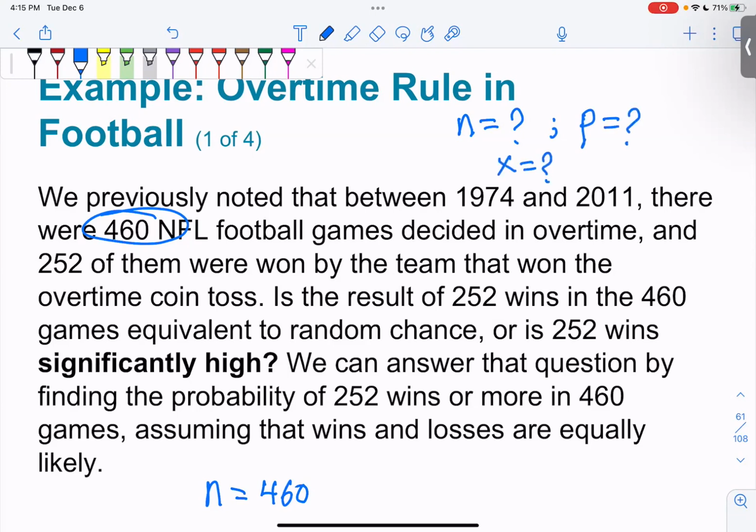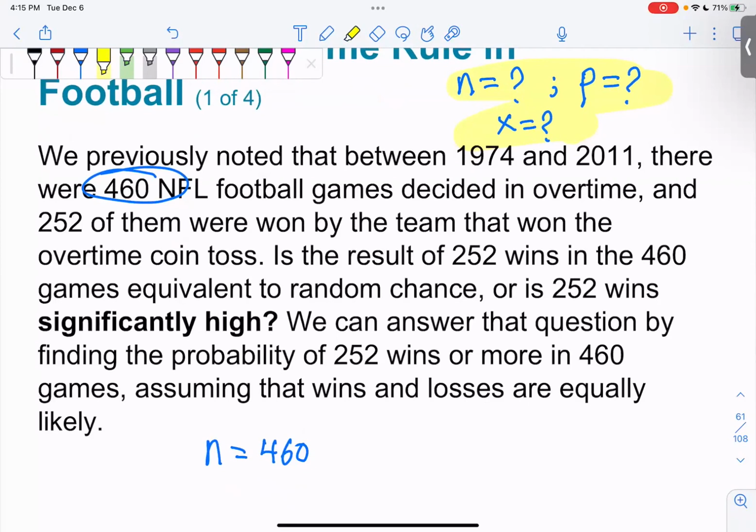We need those three things so we can do binomial. The number of trials here is 460. And then they gave us x equal to 252, right?